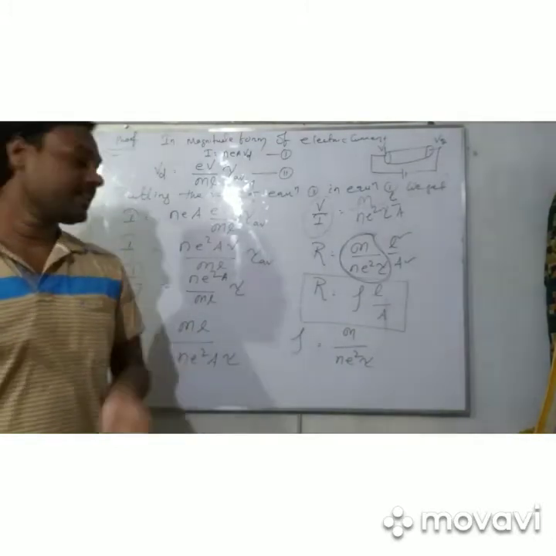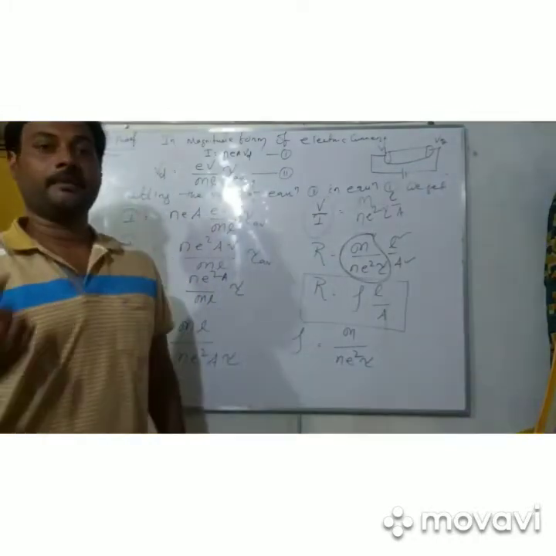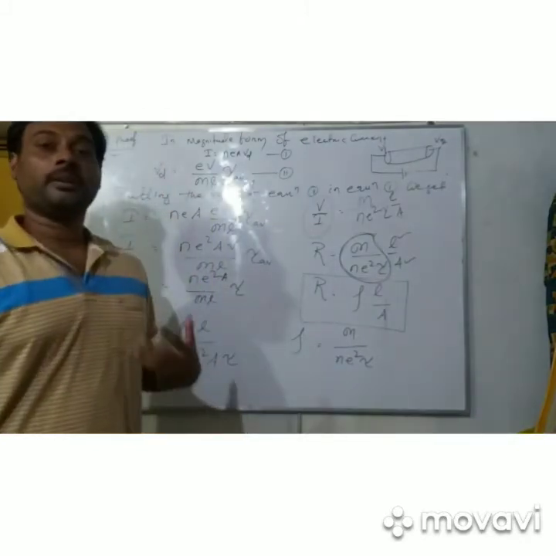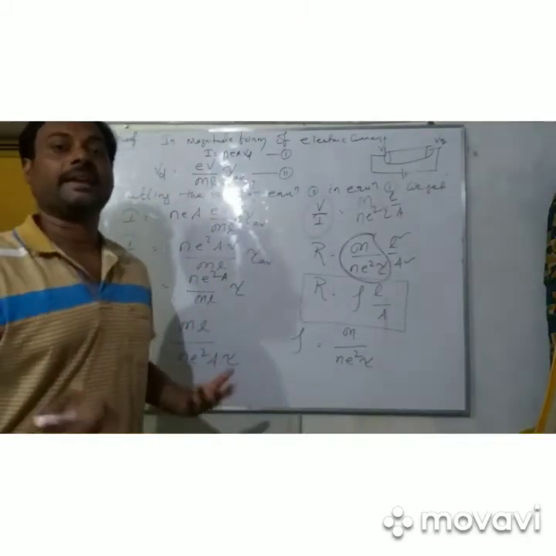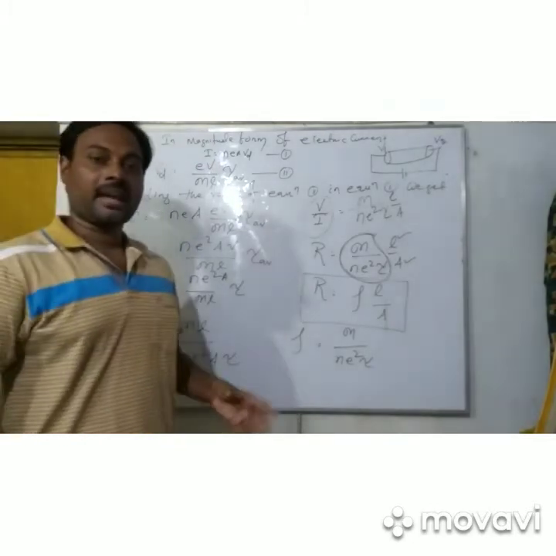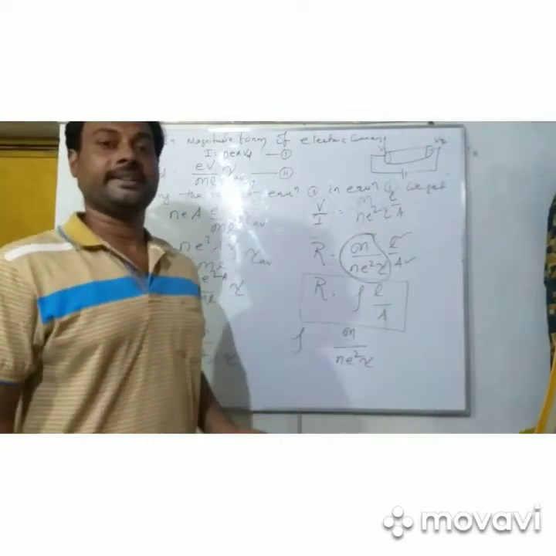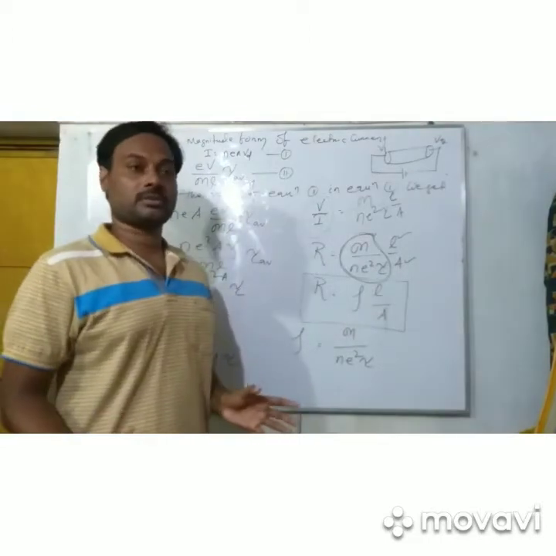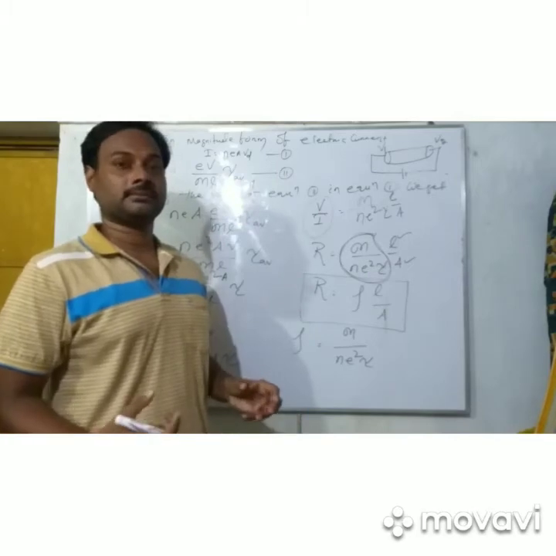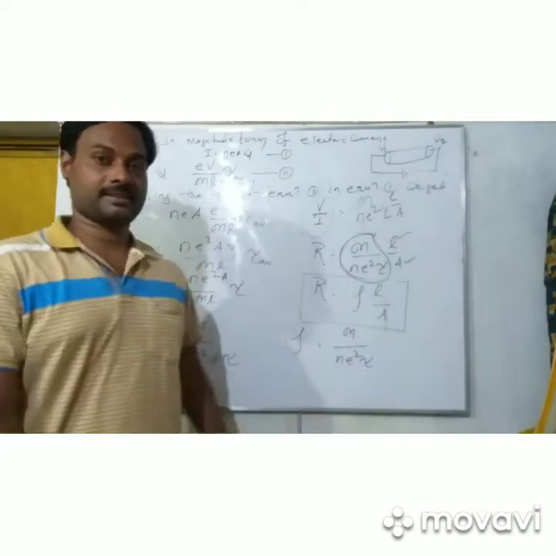Temperature. If you increase the temperature, I repeat, if you increase the temperature, then what will happen? Then more electrons become ionized from the atoms. That's why they vibrate more speedily, move in zigzag motion, and collide frequently, so their relaxation time decreases.